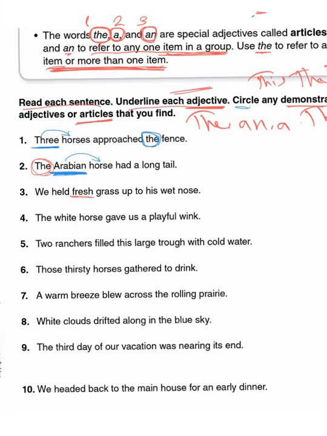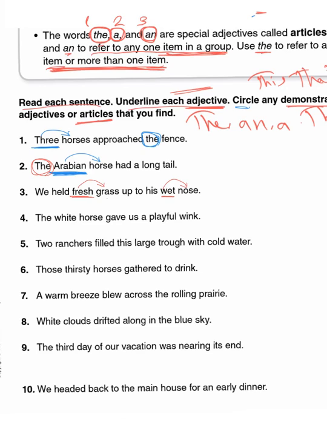So fresh is the adjective that told me what kind of grass. Up to his wet nose. What kind of nose was it? It was wet. So wet is the adjective describing his nose.